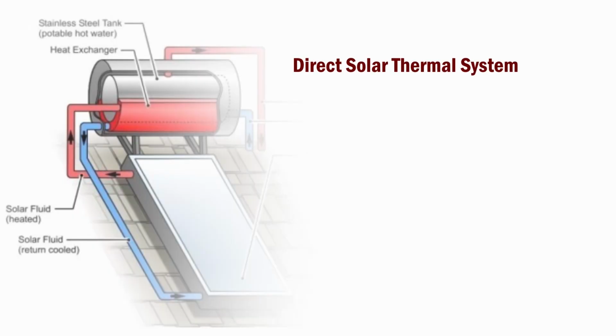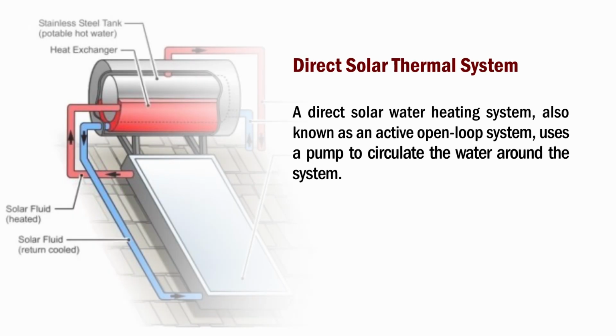In order to heat your water successfully and use it during both the day and the night, you will need to have both a solar collector to capture the heat and transfer it to the water, and also a hot water tank to store this hot water for use whenever it is needed. If we talk about the direct solar thermal system, a direct solar water heating system, also known as an active open loop system, uses a pump to circulate the water around the system.